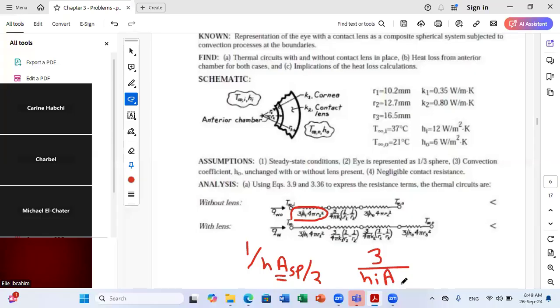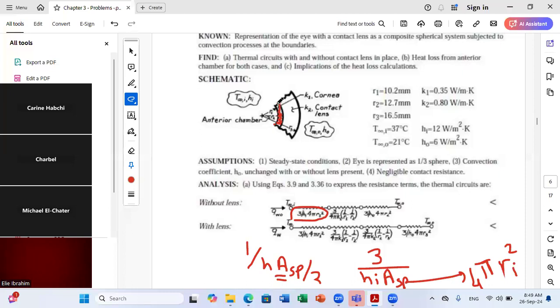The formula for the lateral area of the sphere is 4 pi r squared. From the inner side, you have to consider r inner, which is here r1. So it's 4 pi r inner squared. So the total resistance to convection from the inner side is 3 over (h inner times 4 pi r inner squared). Now, when you consider the case without lens, you have just one resistance to conduction.